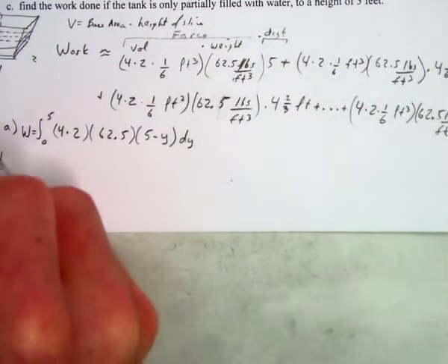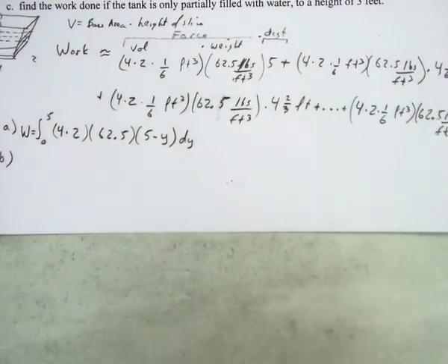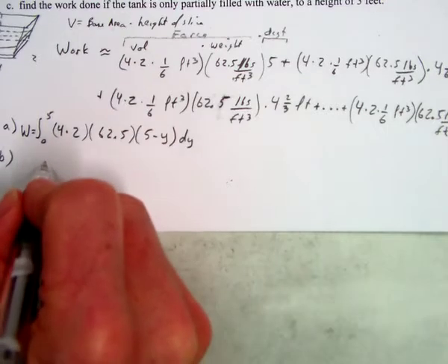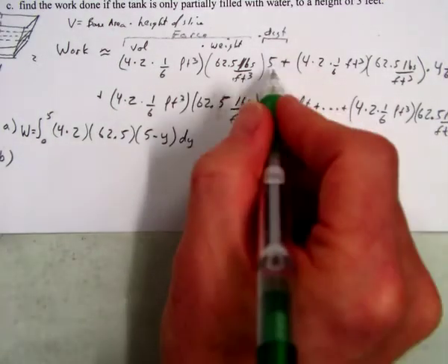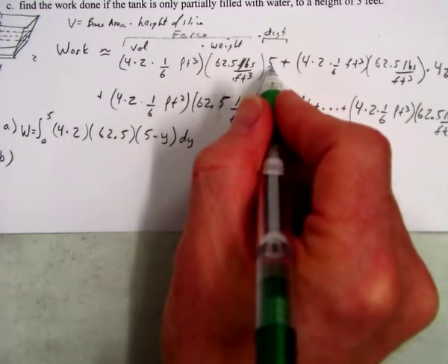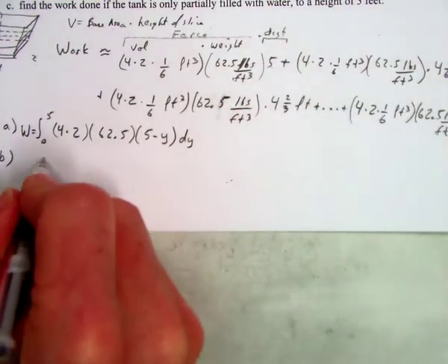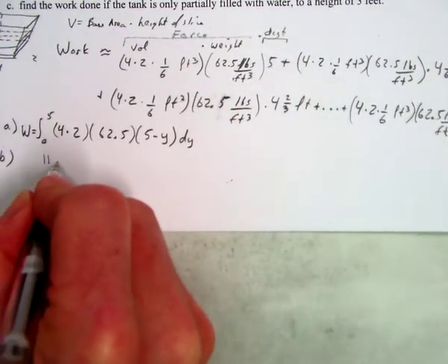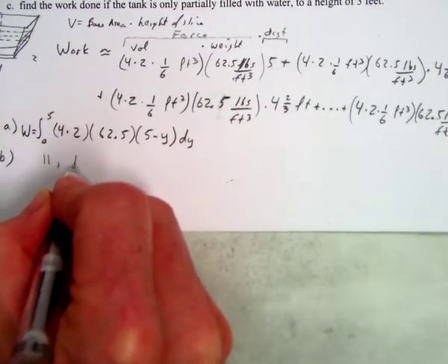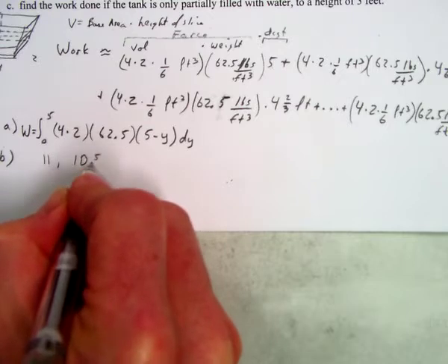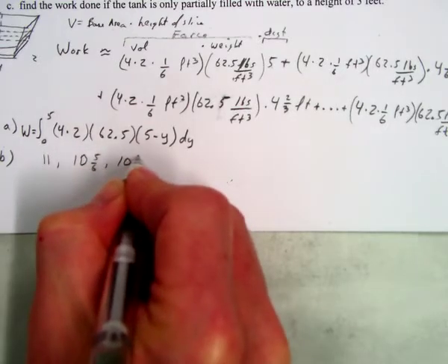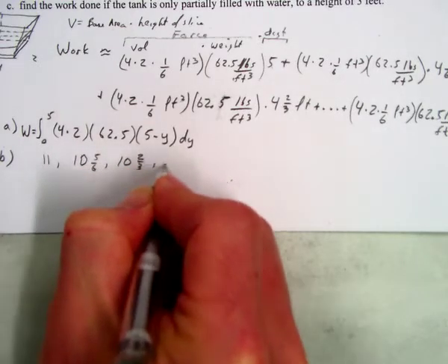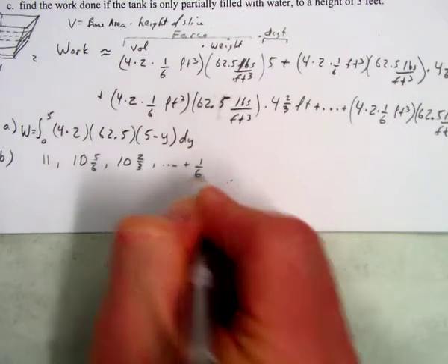So what about part B? Part B says we're going to go 6 feet above. Now in that one, instead of lifting each one out to 5, we're going to lift it out to 11. And then if we looked at that next one, taking a slice, it'd be 10 and 5/6, and then 10 and 2/3, etc., all the way down to 1.